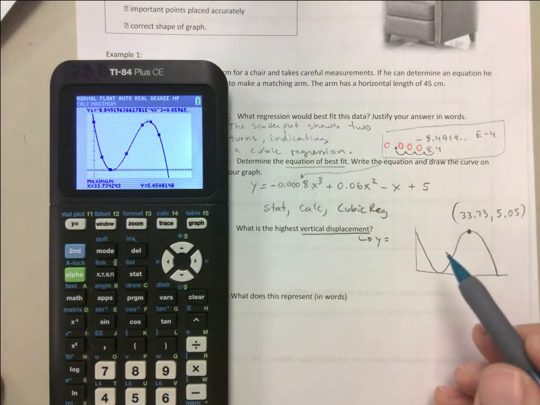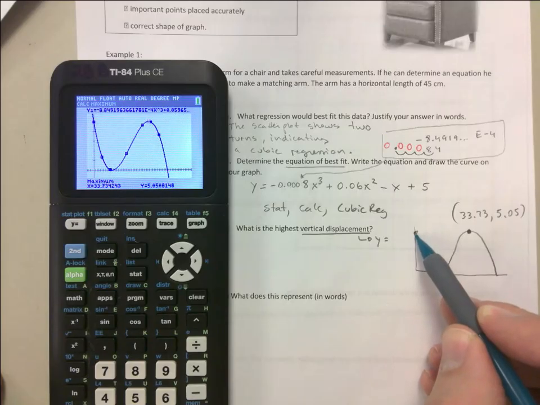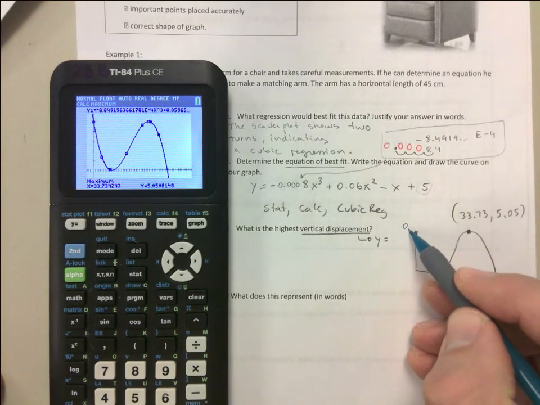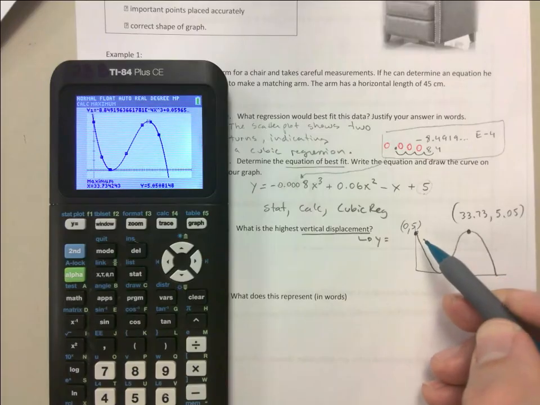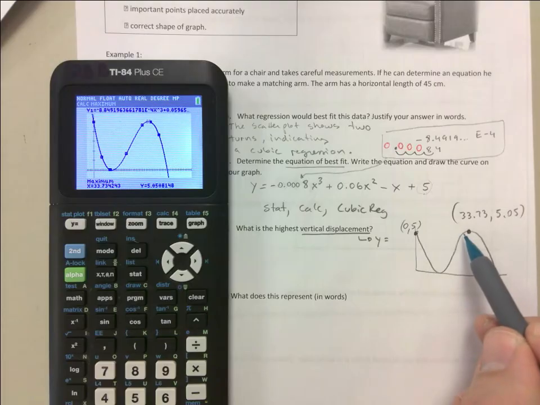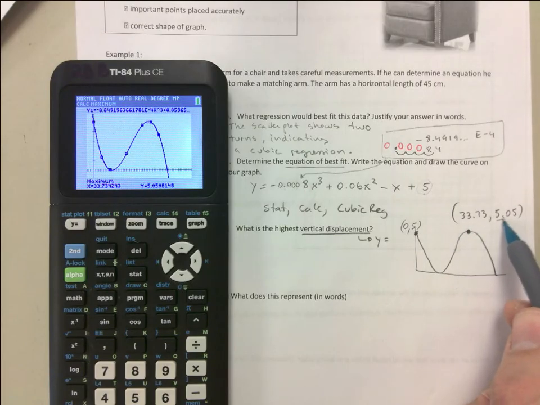And what is the y-intercept here? Do I need the calculator for that one? Technically, it is 5, right? By the equation, this is 0, 5. If you didn't know that, then you would go and investigate. So not by much, but this one is slightly higher, a greater vertical displacement.